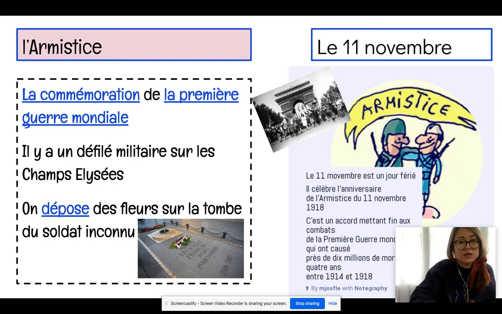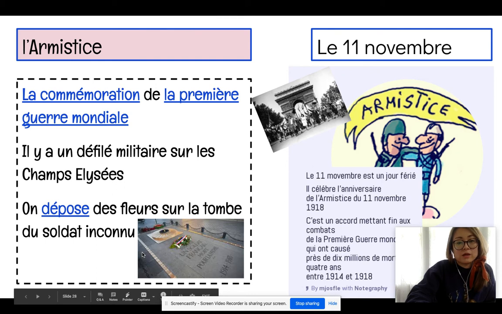And there's always a huge parade for this day. And they do a special ceremony at the tomb of the unknown soldier. So this is a really big holiday, l'armistice, to commemorate the end of World War I.